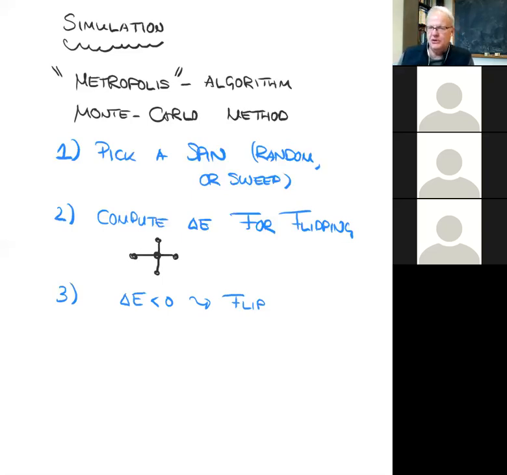And roughly speaking, the way you should think about this is that the other spins provide a thermal reservoir, and we could always borrow a little bit of energy from that reservoir to flip a single spin. So there should be some likelihood for this to happen.